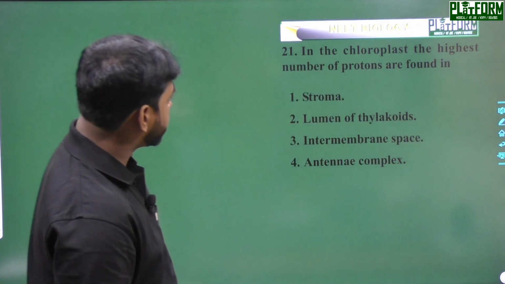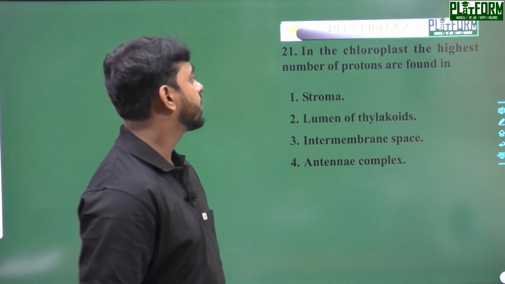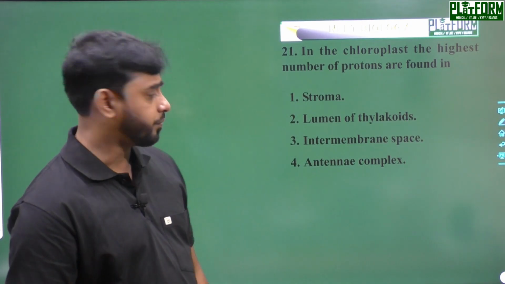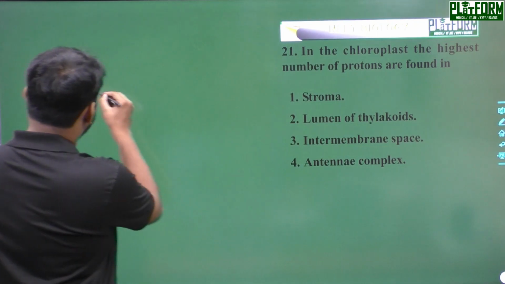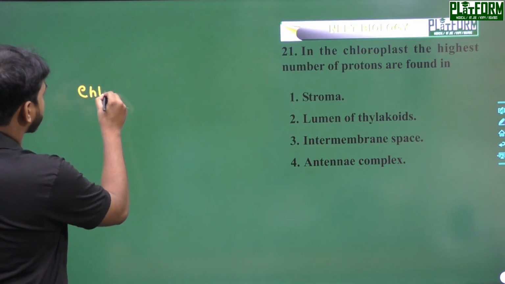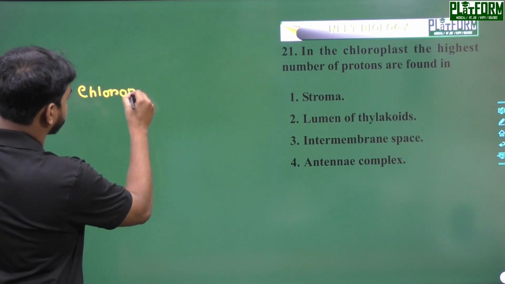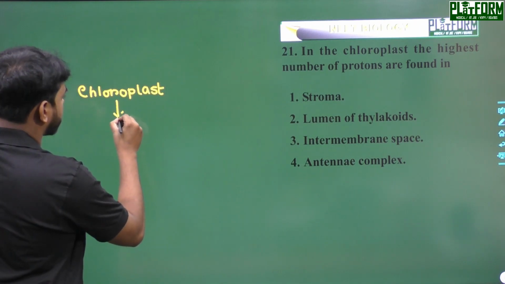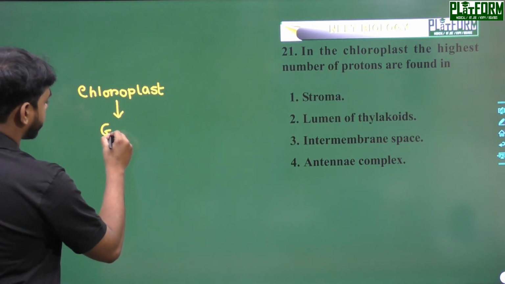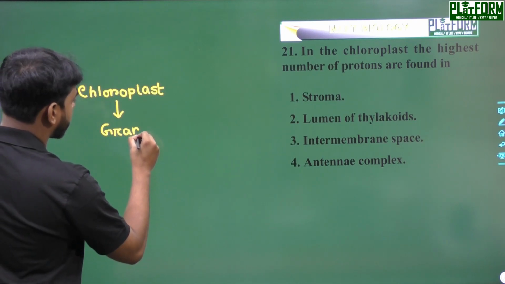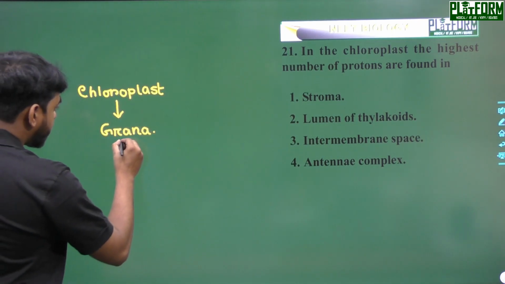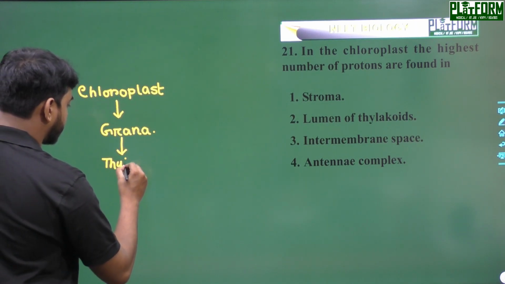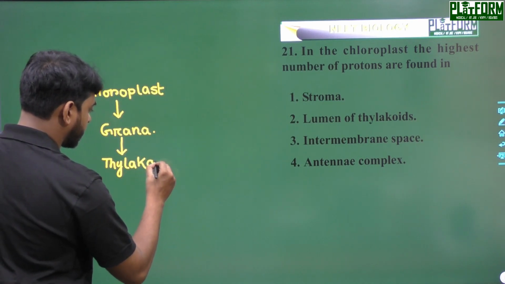Now move to the next question. Here it is written, in the chloroplast the highest number of protons are found in. Now we know that inside the chloroplast we will see several grana. Each and every granum is made up of numerous thylakoids.